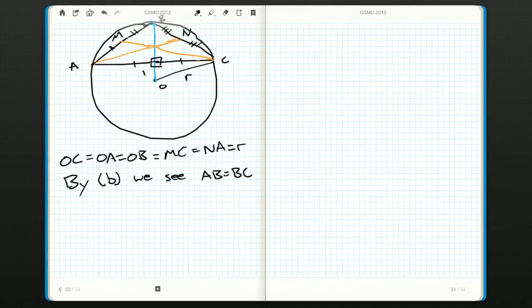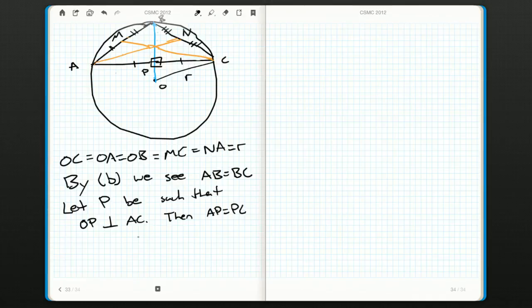We'll call it P for intersection. So we know that it splits the chord in half, so AP is PC.